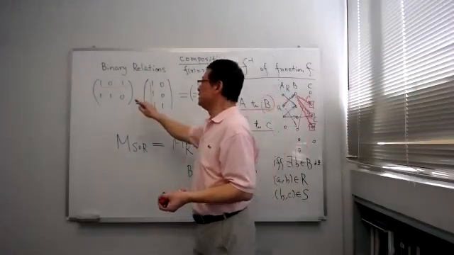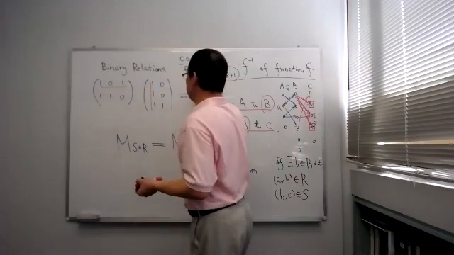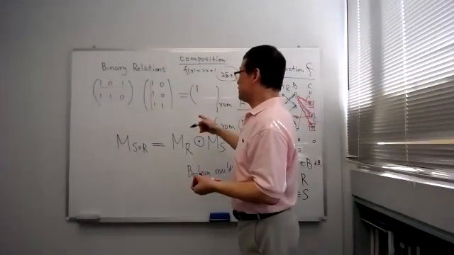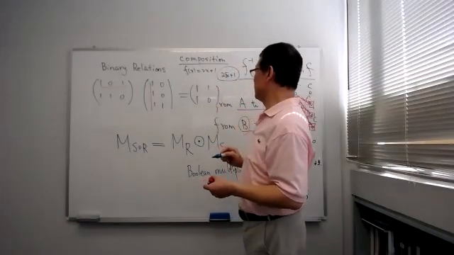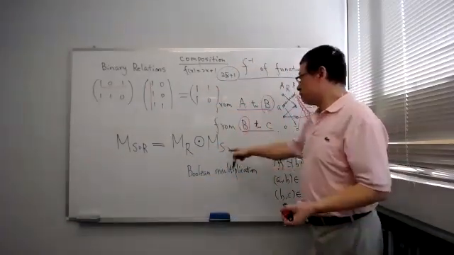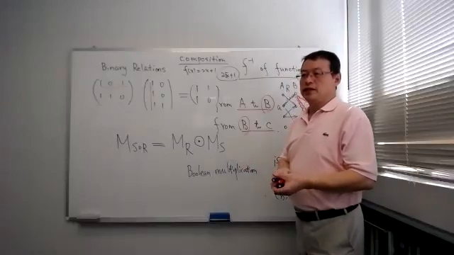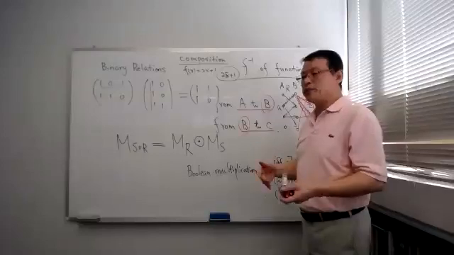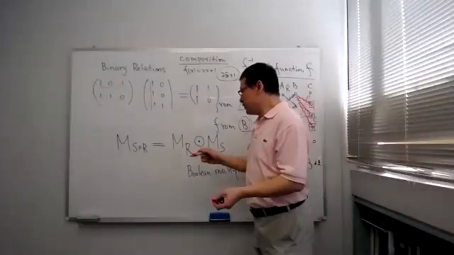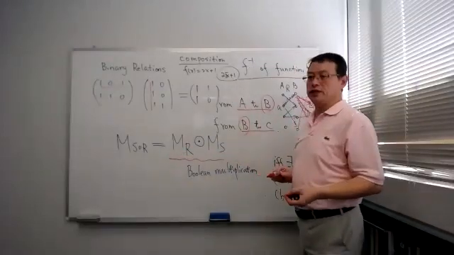Multiplication is bitwise AND. This one agrees, so it gives us 1. That will give us this matrix, I believe. So that's Boolean multiplication. That's why the matrix representation is very useful: to compute, we only need Boolean multiplication.